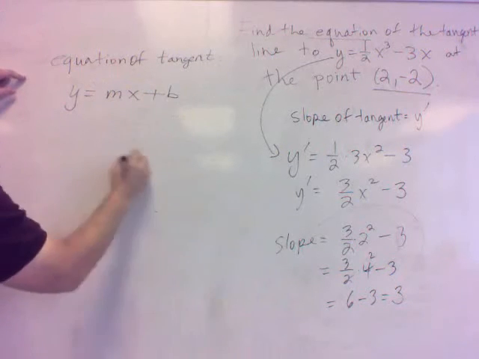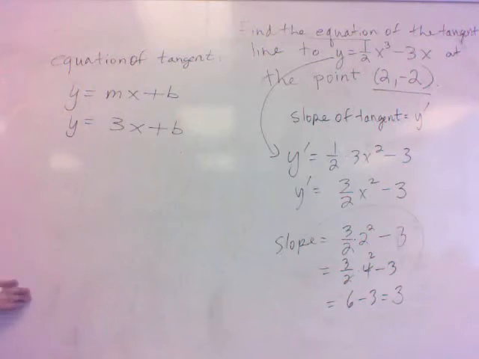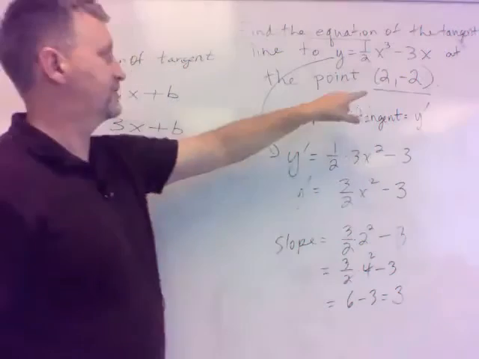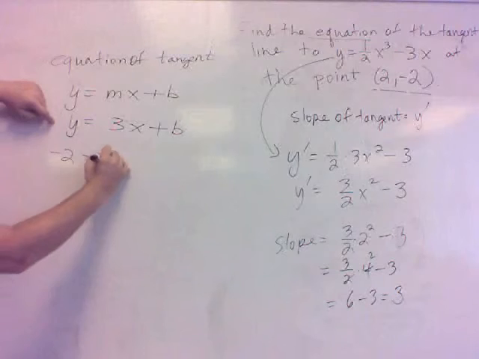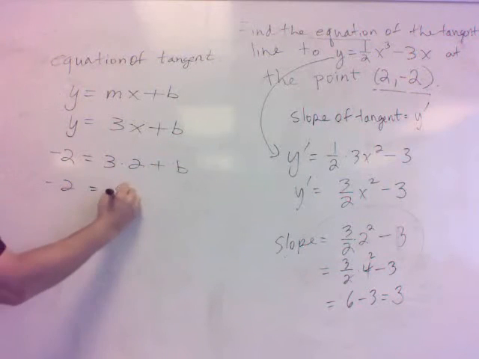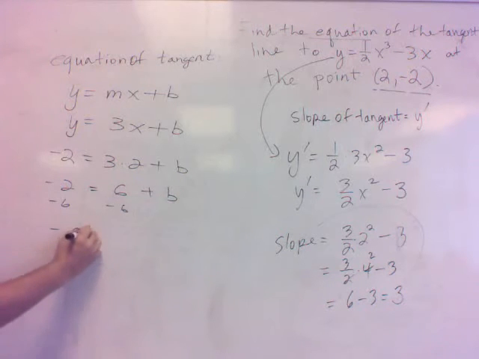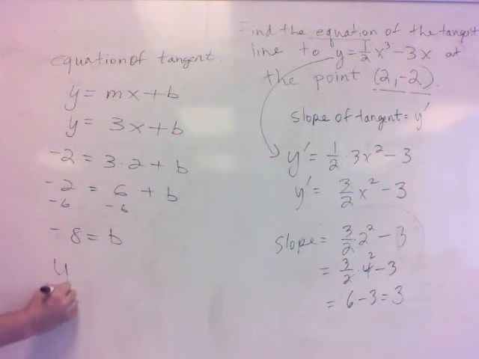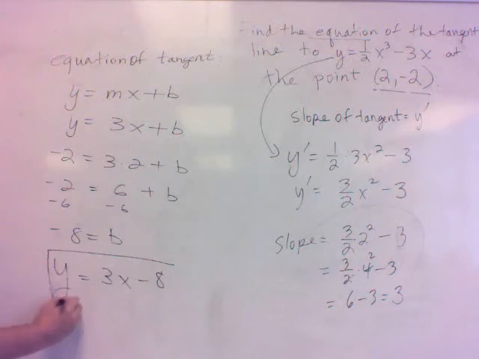I now know the slope is 3, and figure out b however you want to. I'm going to plug in x and y to be 2, negative 2. Y is negative 2, x is positive 2. So b is going to be, what, negative 2 minus 6, negative 8. So the equation of the tangent line is 3x minus 8, since b is negative 8.